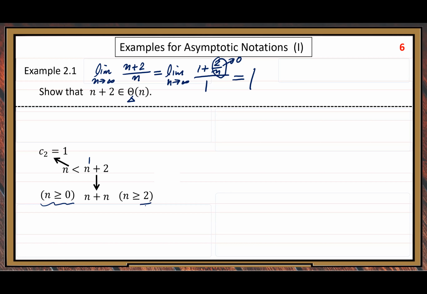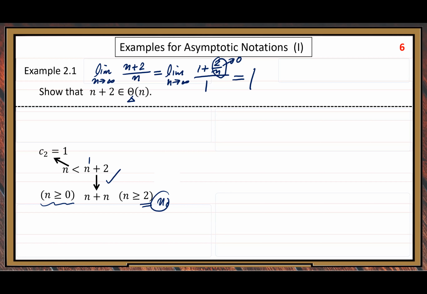Because you need some condition to make this happen, right? If you need n greater, you get n0. Remember, you have freedom to choose n0. You just use that freedom right here. Now, you can determine n0.